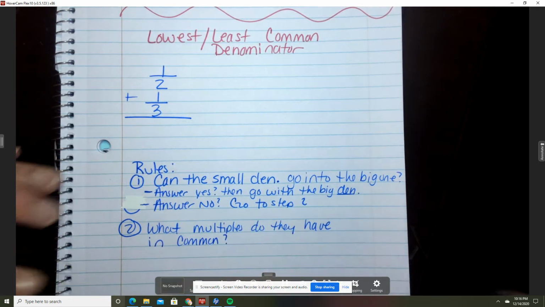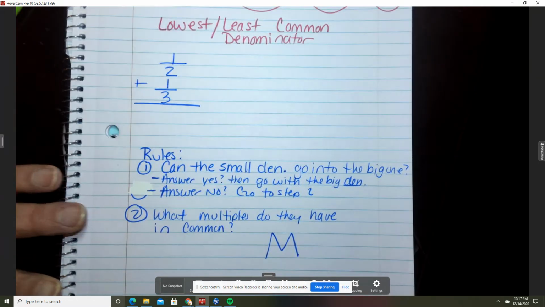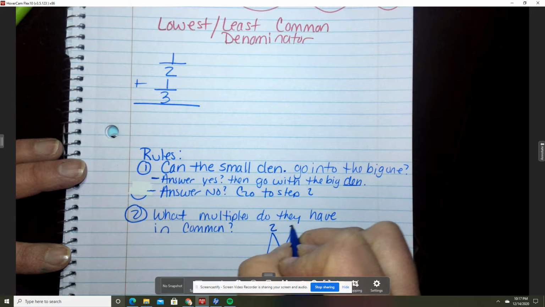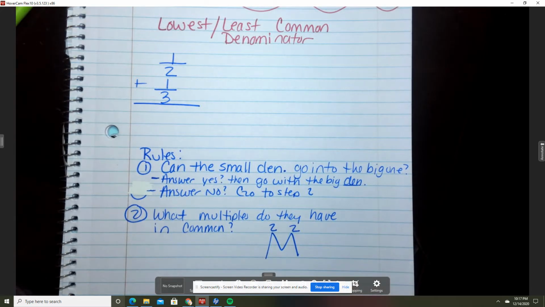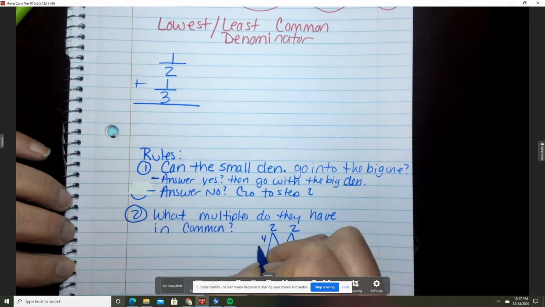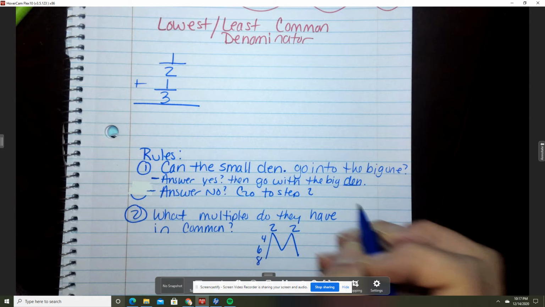You're going to use an M to come up with that, and you're going to put the numbers on top here until you find the lowest common multiple, the lowest common denominator.